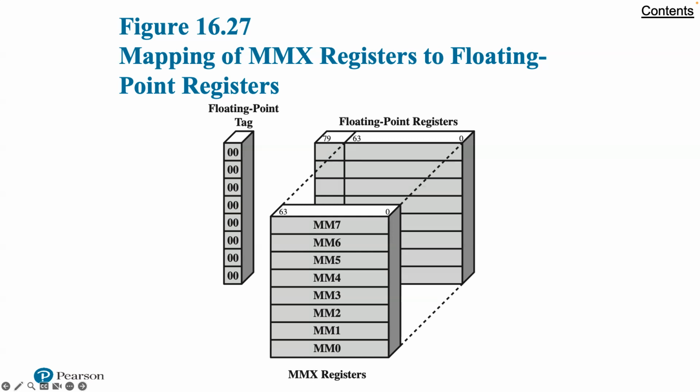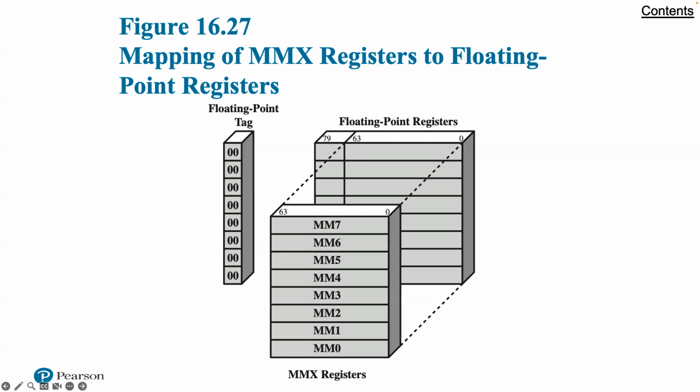Some key characteristics of the MMX use of these registers are as follows. Recall that the floating point registers are treated as a stack for floating point operations. For MMX operations, the same registers are accessed directly. The first time that an MMX instruction is executed after any floating point operation, the FP tag word is marked valid.